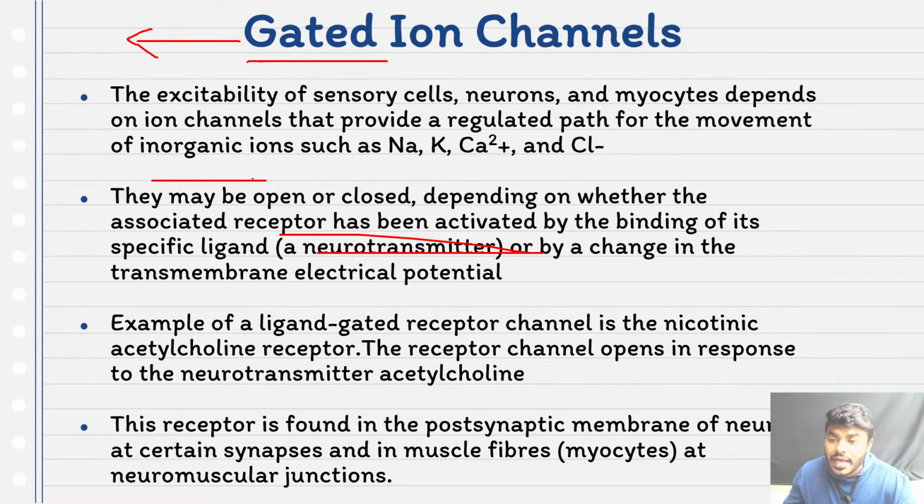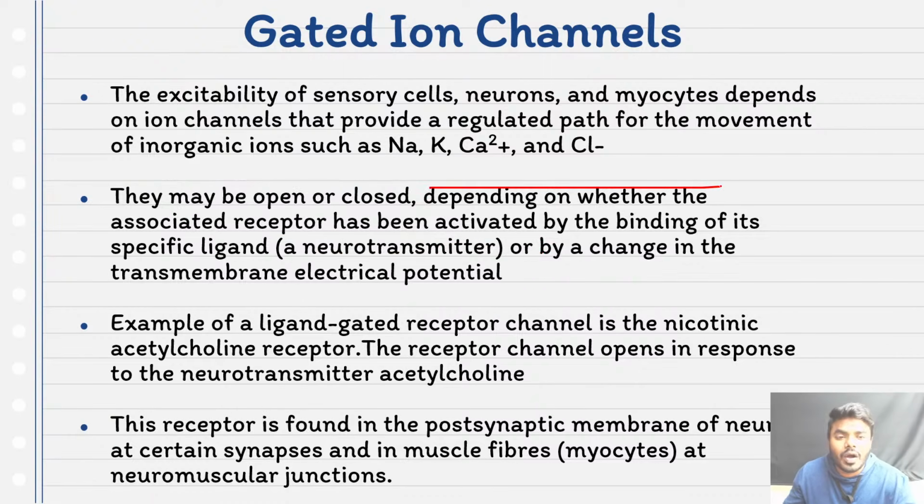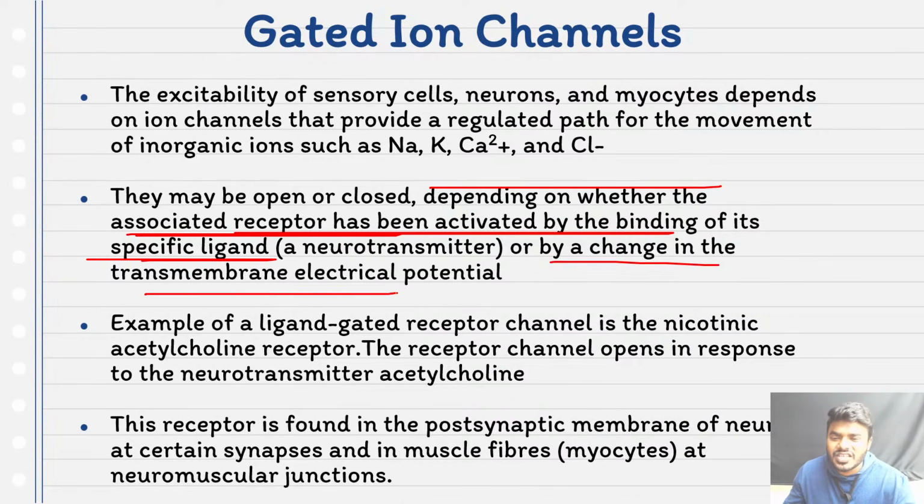Listen to me carefully. The gated ion channels may be open or they may be closed, depending on whether the associated receptor has been activated by the binding of its specific ligand or by a change in the transmembrane electrical potential.